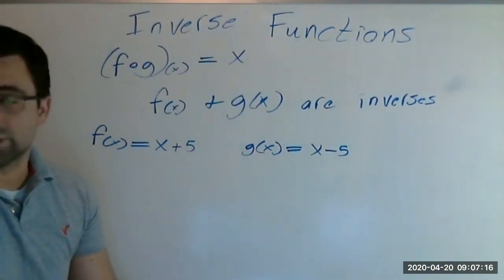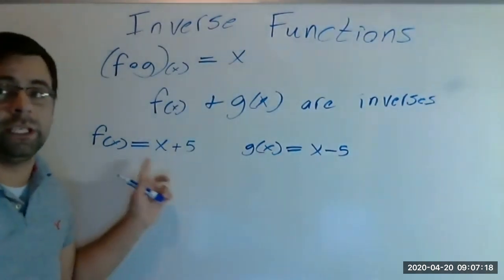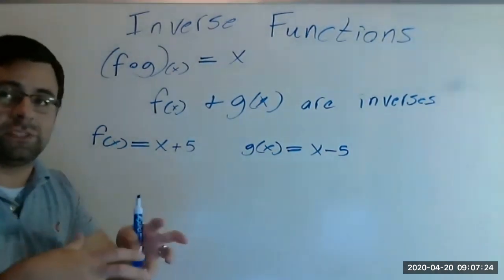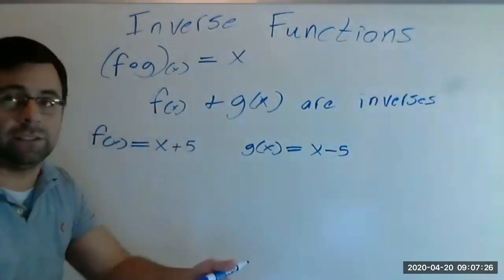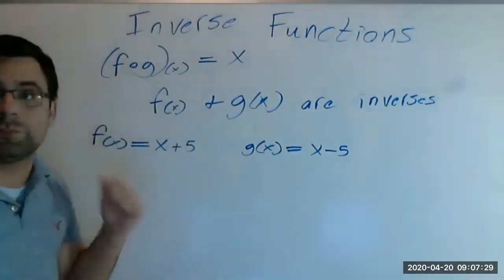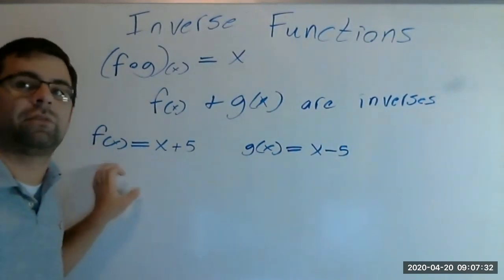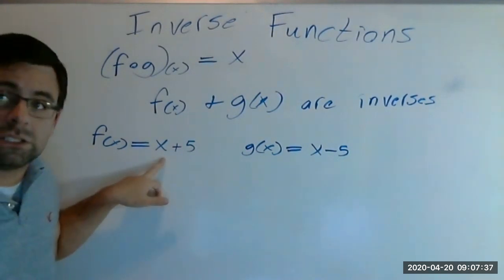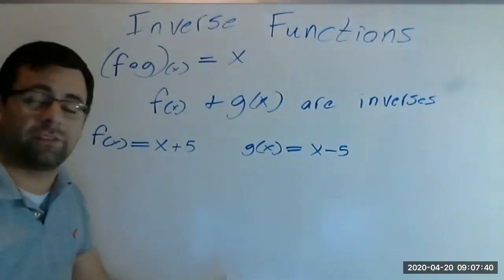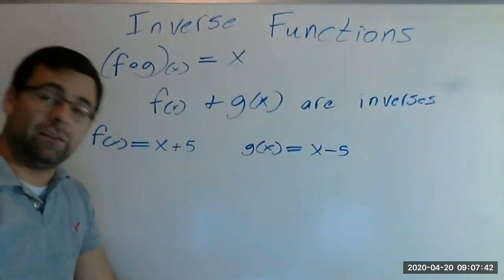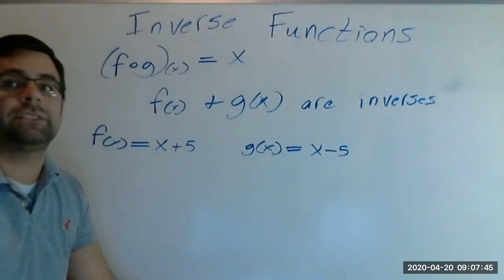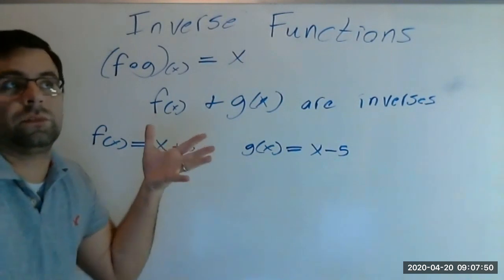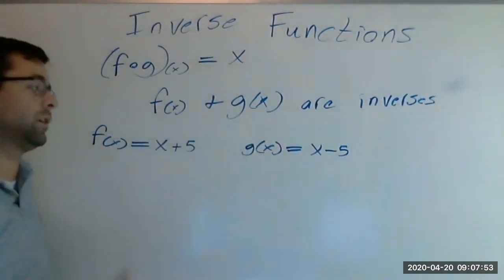The whole idea of a function is it takes an input. Usually we just write x as the input, and it does a bunch of stuff to it and gives you something at the end. A very simple version of it is f of x equals x plus 5. Input is x, and the thing you get out is x plus 5. So an inverse of a function takes the thing you got out and gives you back the thing you started with.